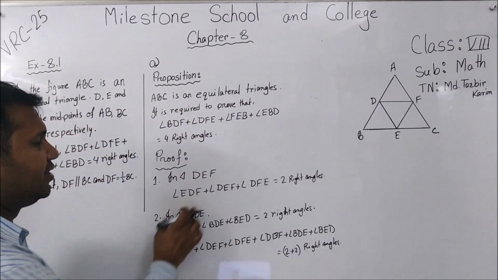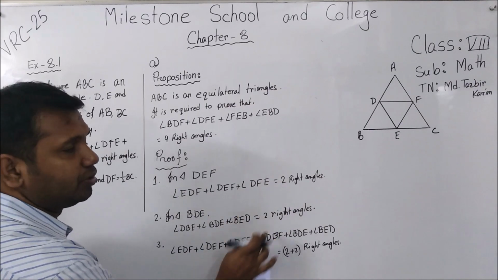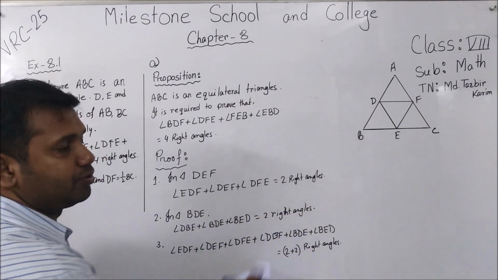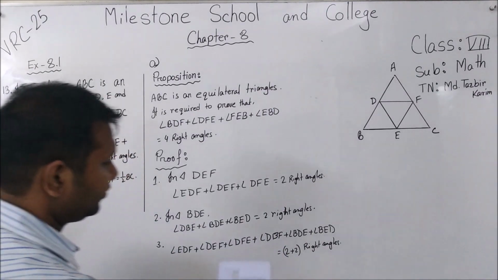So we just add these three angles with these three angles, and 2 and 2, this is two right angles, this is two right angles, so that will be four right angles.